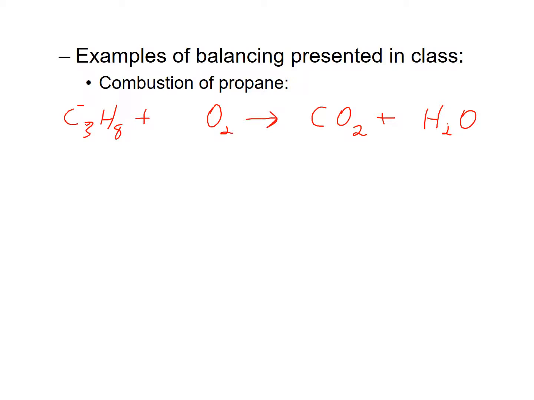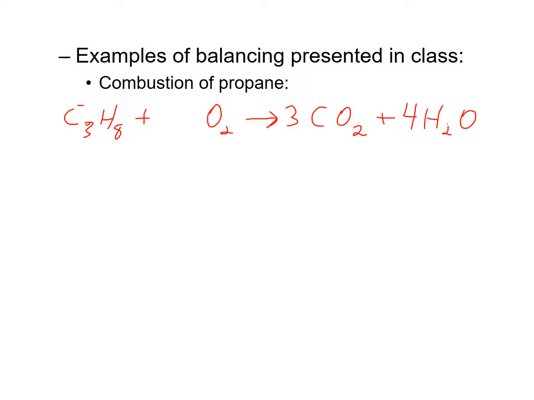Okay, and I proceed as I did before. First, balancing the carbons. I see I need a 3 here to balance the carbons. Then I look at the hydrogens. I see I have 8 hydrogens on the left, and so I'm going to need 4 water molecules.